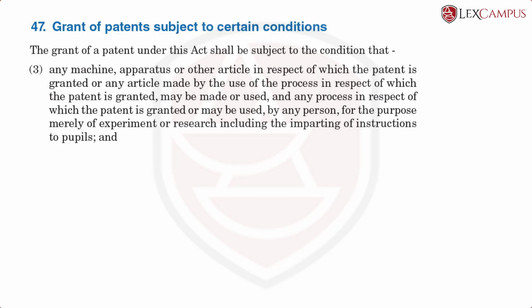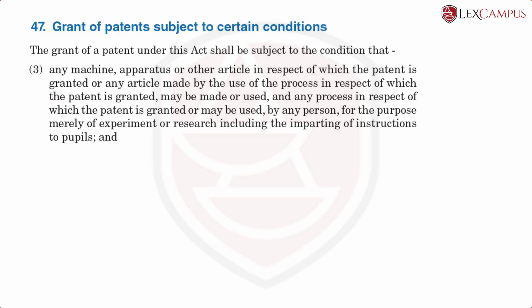Now, this generally covers any product or process protected by a patent for the purposes merely of experiment or research, including imparting of instructions to pupils. So, if a patented product or process is used for experiment or research, which includes imparting instructions to students, that is a condition subject to which patents are granted.